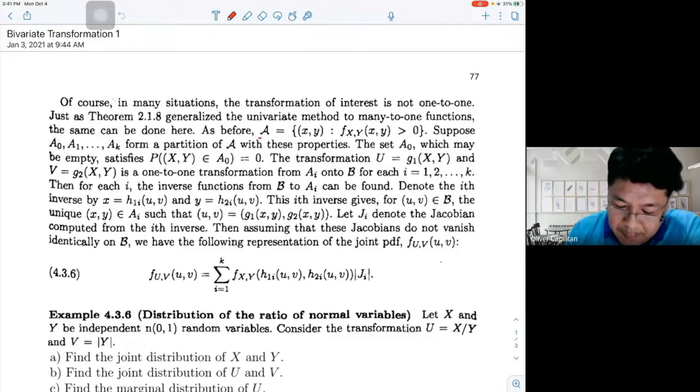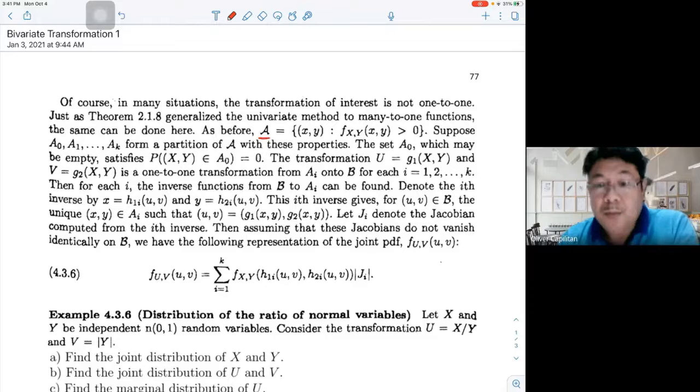This is the same, but we're going to get the partition of this script A. Say we have the sets A sub 0, A sub 1, up to A sub k, a finite partition of script A, with the following properties: the set A sub 0, which may be empty, satisfies that the probability that the ordered pair (X, Y) is an element of A sub 0 is equal to 0.